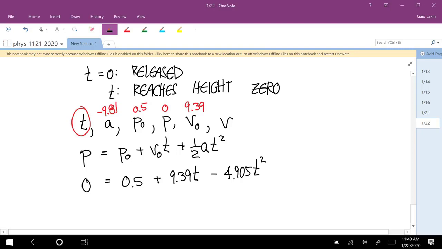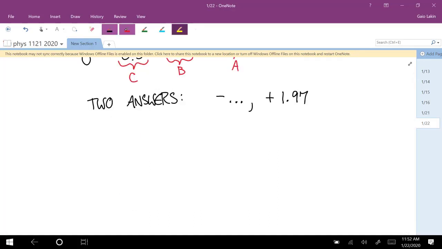And how do you solve that for t? Quadratic formula, yep. So this is your A. This is B. And this is C. And what did you get for the negative one?